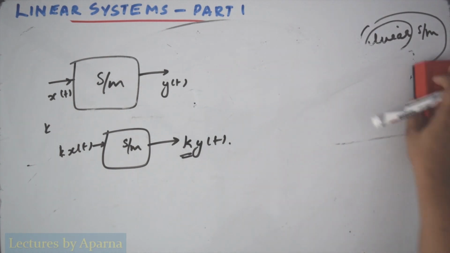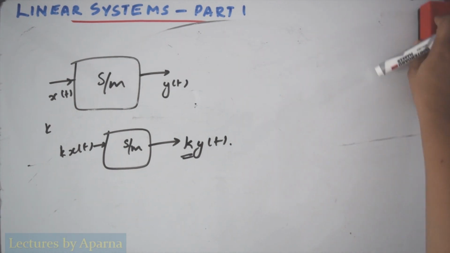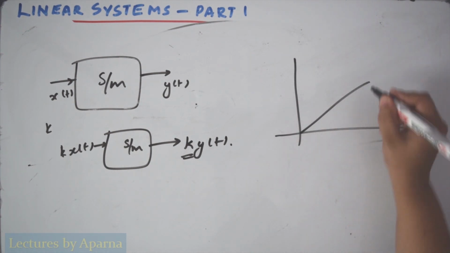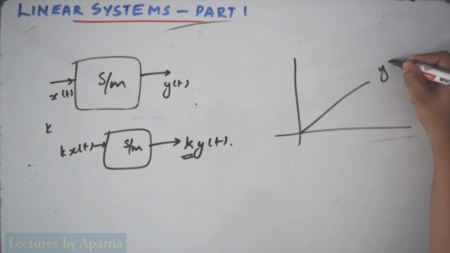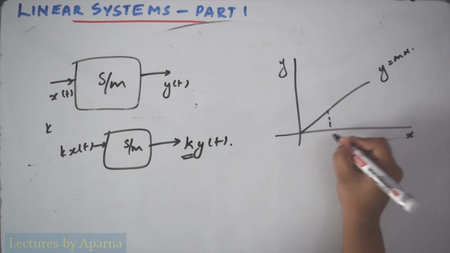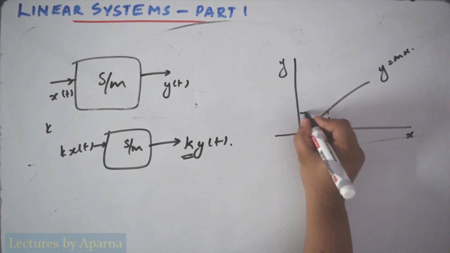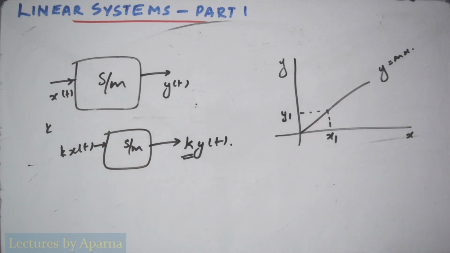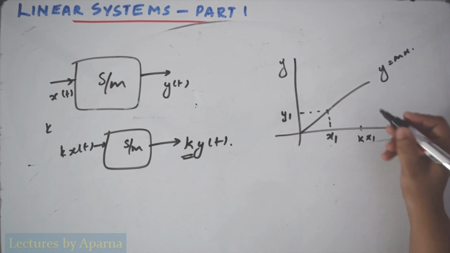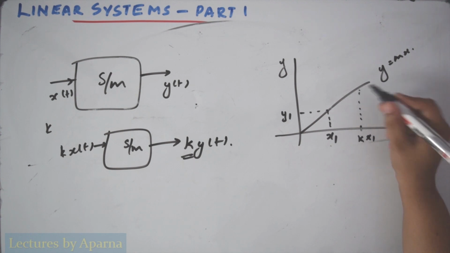So if I have this straight line where y is equal to mx, this is the input x and output y. Suppose I have an input x1 here and correspondingly an output y1. If I increase this x1 k times, so k times x1, I will have an input here.